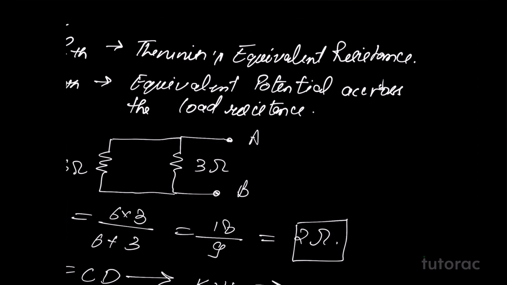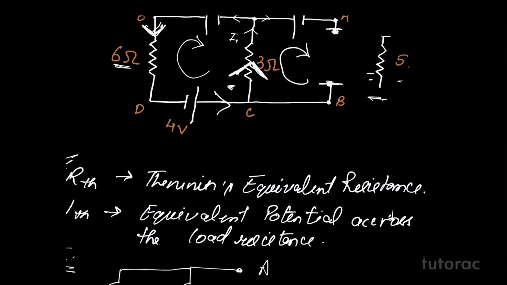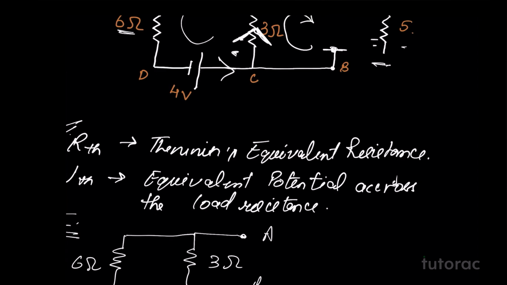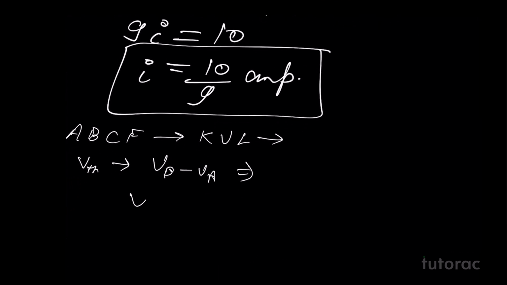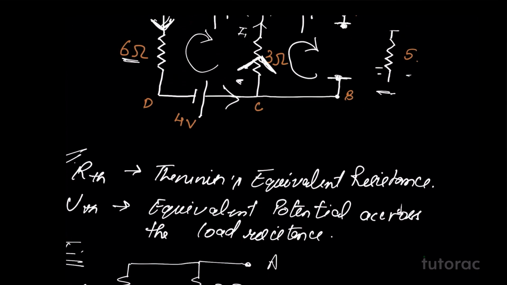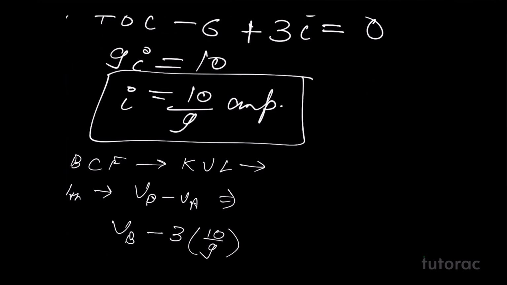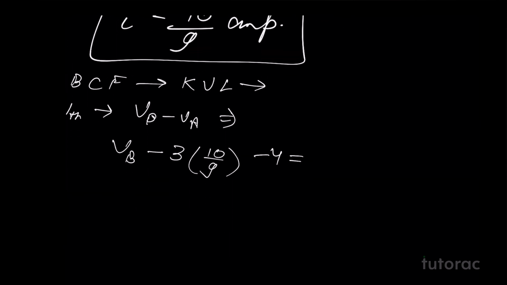Now, let us try to solve it. So, let's say we move from here. Here the potential is VB. Then in the direction of current, we get minus 3 ohm. So, VB minus 3 multiplied by this current, that is 10 by 9. And then here again we get the loss of 4 volts. So, minus 4 is equal to VA.